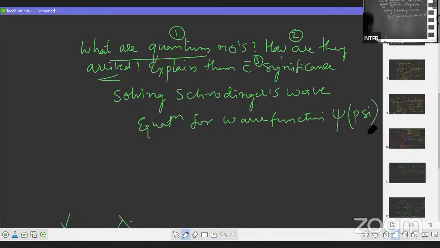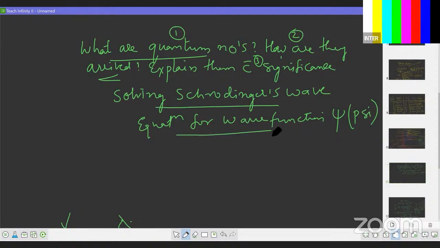He solved this equation, and during the solving he came across these four functions. How important these things are, students.